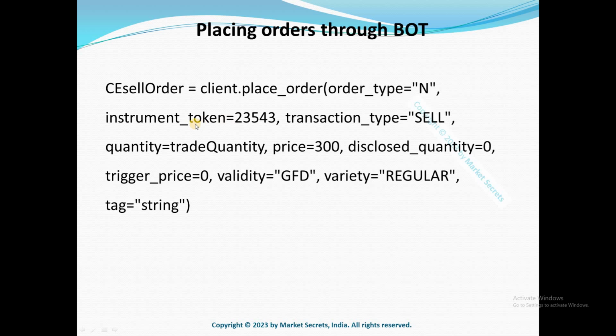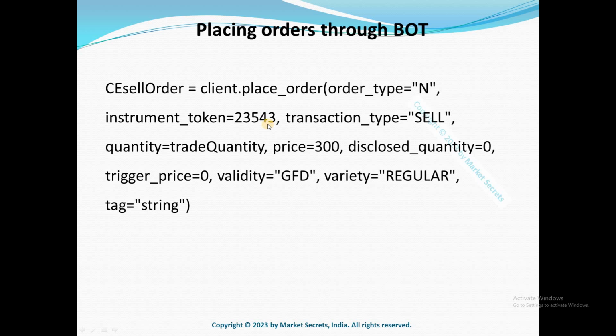And the next one is instrument token, which is unique for each trading symbol. So we need to first find the trading symbol for the option contract that we want to sell and provide it here. So if you want to trade any particular symbol, you need to find the relevant instrument token for that particular symbol, and then you need to feed it here.